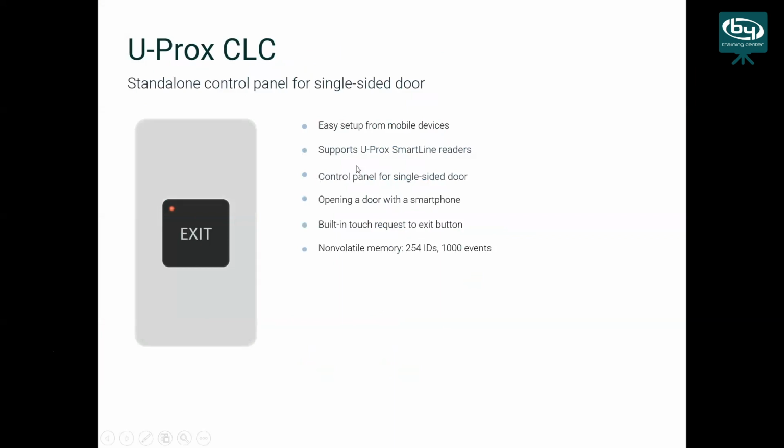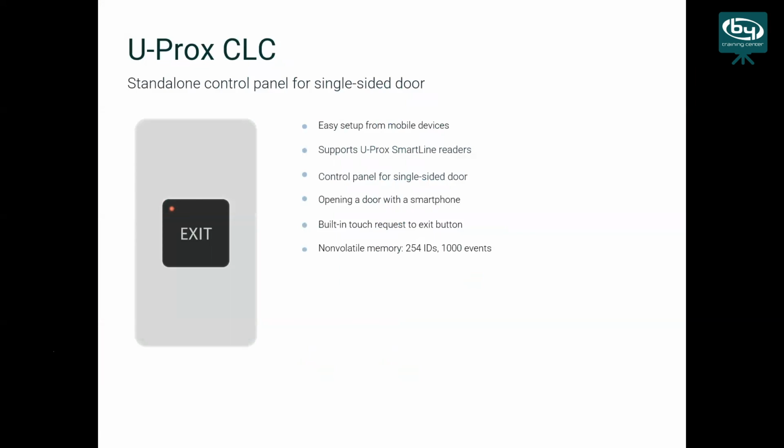This controller is very powerful. We have a relay inside it, and we can add one reader, and we can control the opening or closing of the door, because we have this relay, and we can program the relay.